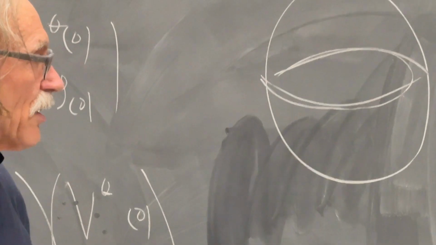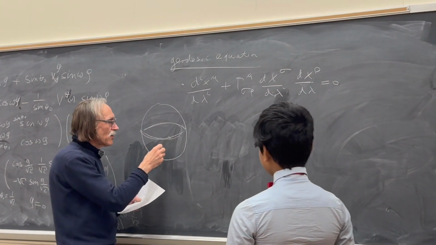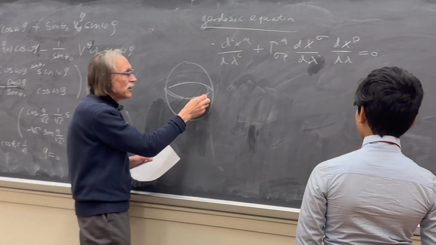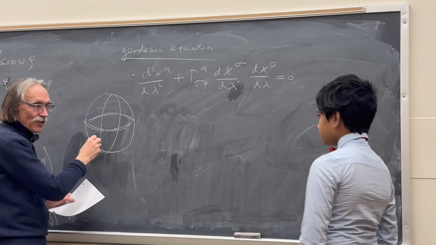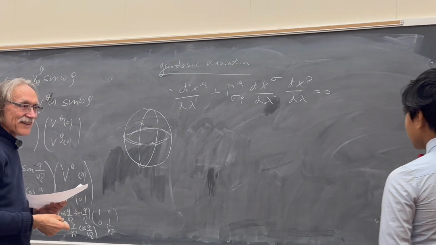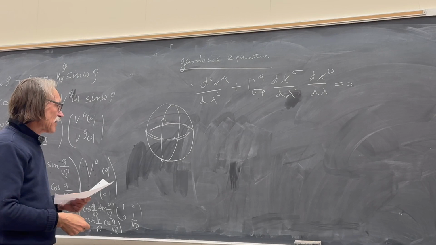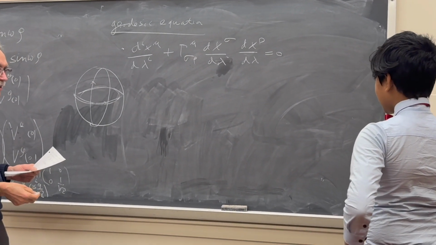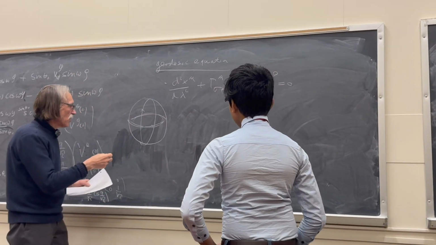Yeah. So a geodesic is a curve along which the tangent vector is parallel transported. And that indeed happens like that. So indeed, any great circle, you expect it to be a geodesic. Right. So the great circles are where theta doesn't change, but only phi changes.